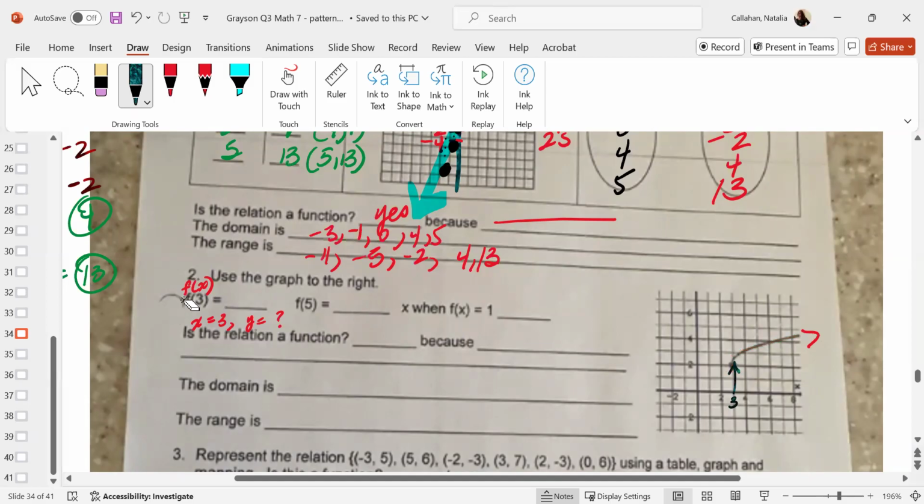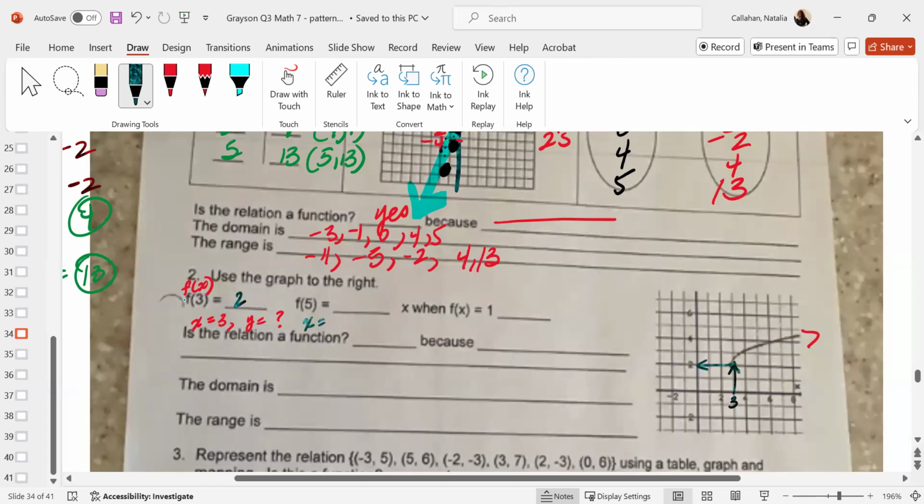Where is it? So when x is at 3, what is the y value? 2. Good. Maybe 2. You see that? You do the next one.